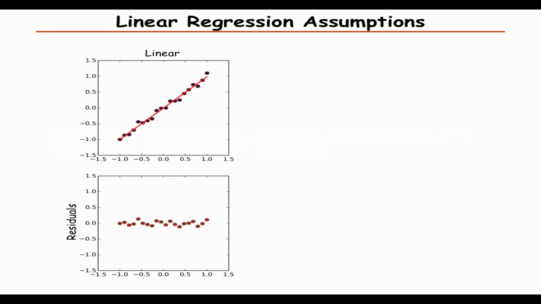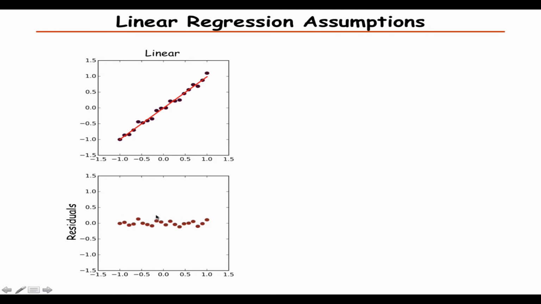So if we look at the linearity assumption, in this case, if we plot the data, then show our regression line and then plot the residuals, one way, as I mentioned, to check the linearity assumption is that we don't see any structure in the residuals, and that's pretty much true here.